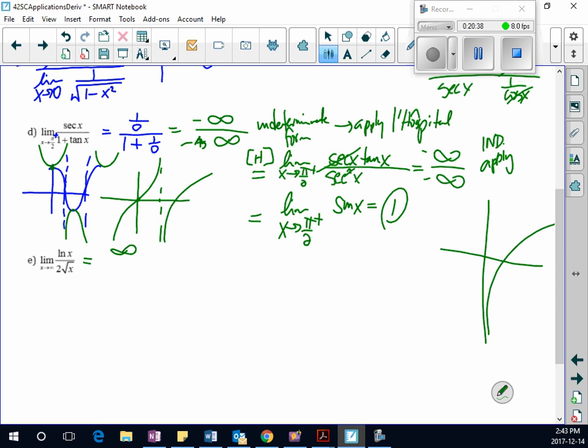And then what if I put infinity in there? Normally, if x goes to infinity, we have that technique for limits where we pull out the highest degree. But in this case, it's not going to get us anywhere. 2 times infinity is still just infinity. So we have the indeterminate form.